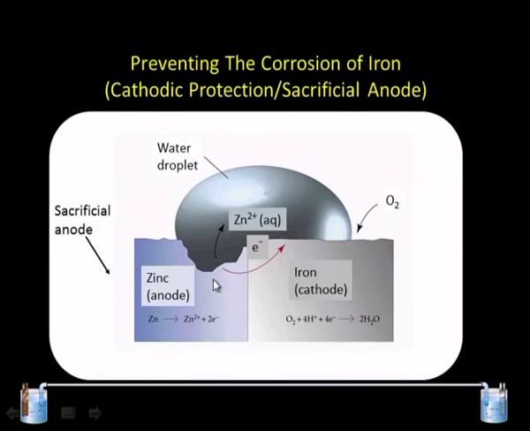Now you can see electrons are going from zinc to iron, and zinc is converting to Zn2+. In this case this is the water droplet, and iron remains the same, and no reaction of Fe3+ or iron metal takes place when it is coated with zinc.